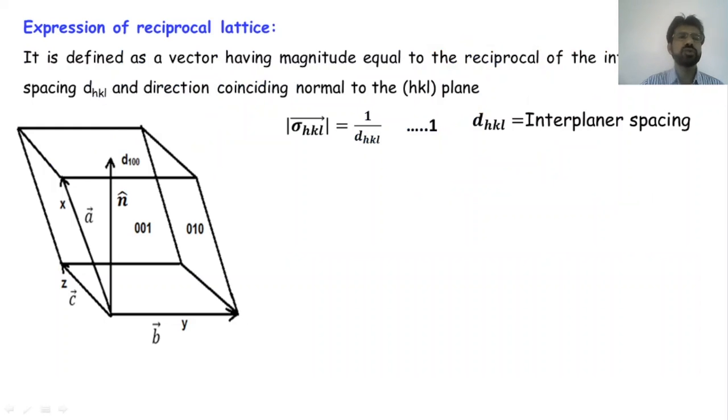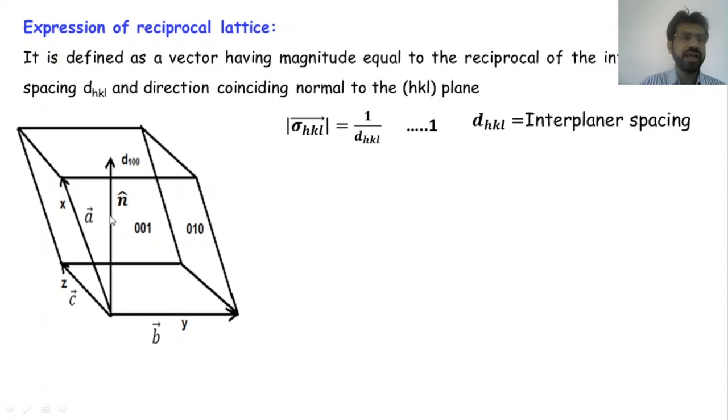Now we are going to obtain the relation between the reciprocal lattice and the direct lattice. Again we can define the reciprocal lattice. The reciprocal lattice vector is defined as the vector having the magnitude equal to the reciprocal of the interplanar spacing and the direction coinciding with the normal to the HKL plane.